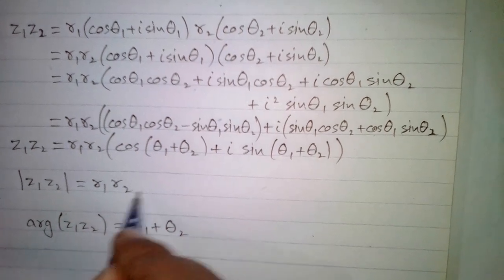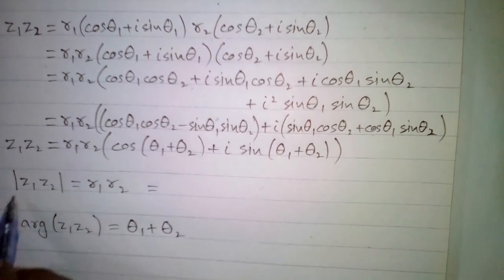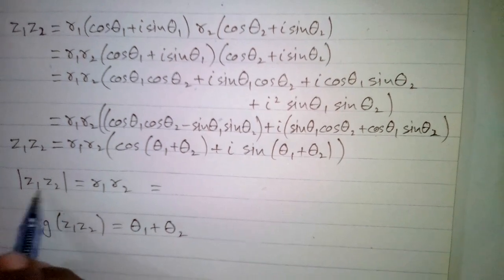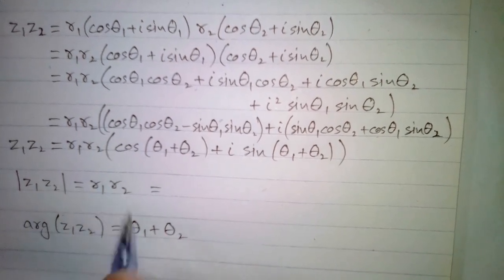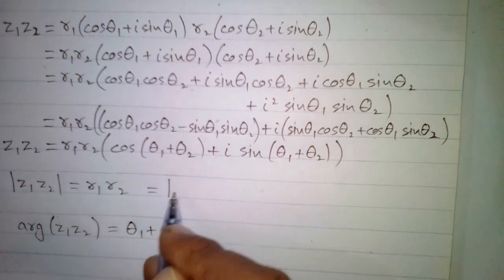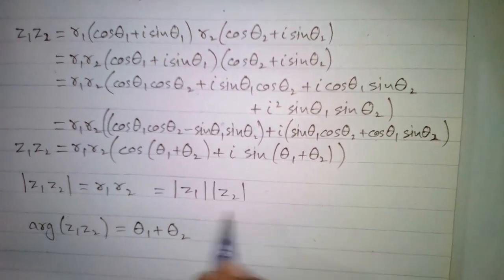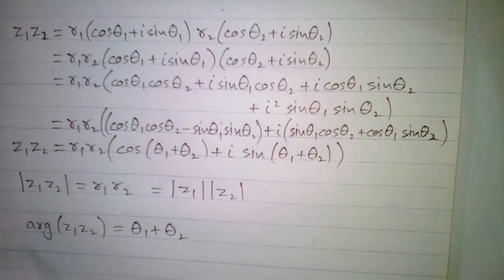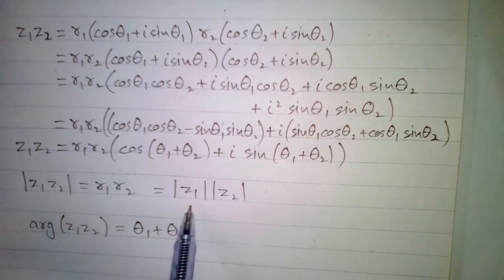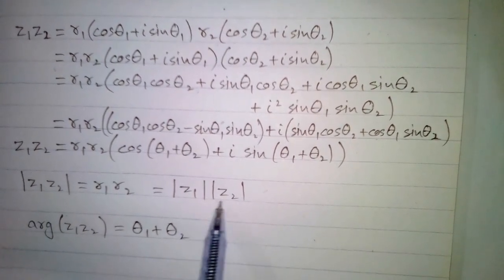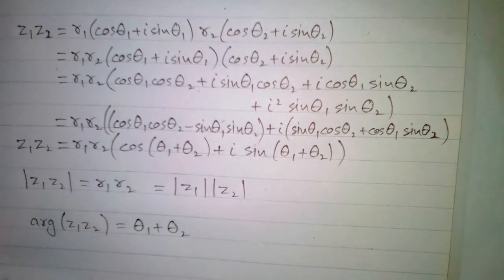So we can say that modulus of z1 z2 is equal to r1 r2. So the value of r1 is modulus of z1 and the value of r2 is modulus of z2. So the modulus of the product is equal to the product of the modulus of each complex number.